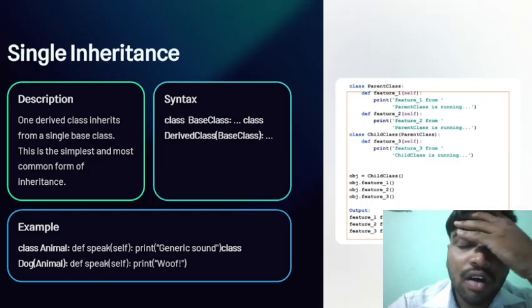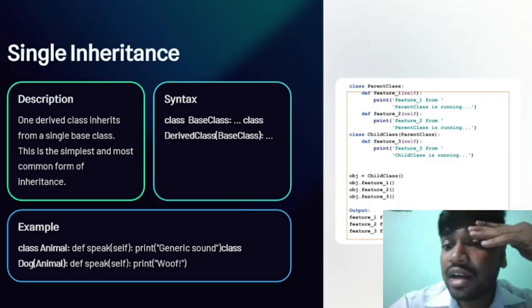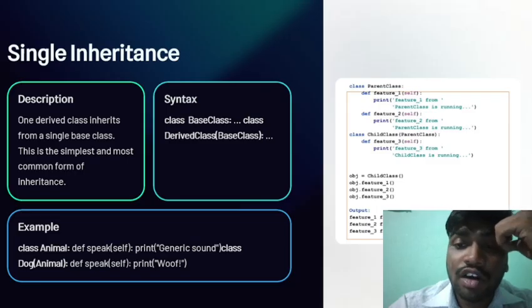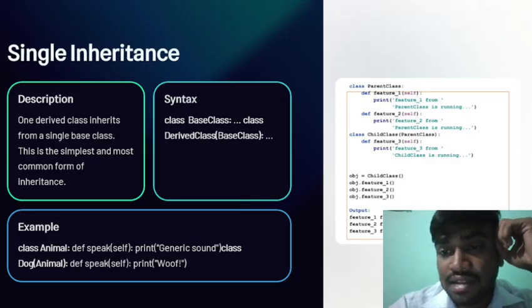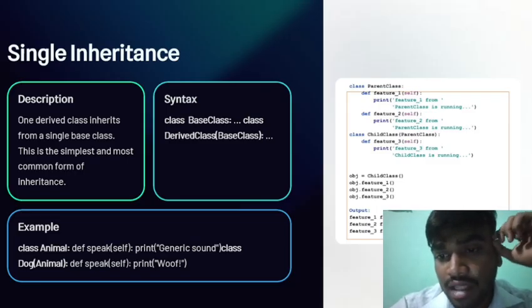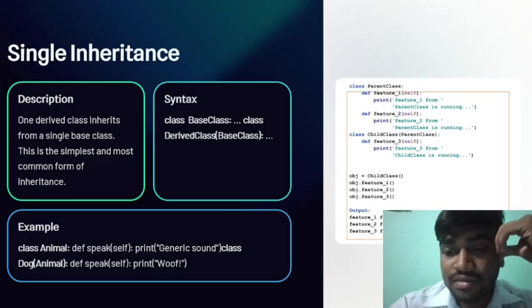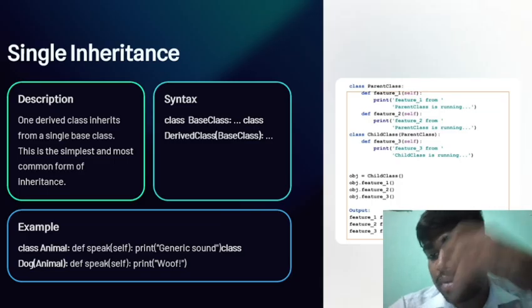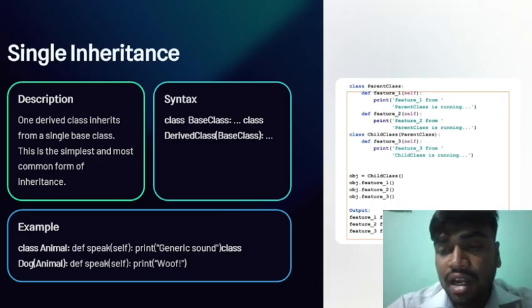By using an object called obj, we specify the child class, and obj dot feature 1 means we are accessing feature 1 from the class, and we get the output that feature 1 from parent class is running. That is the print statement written in the first one.